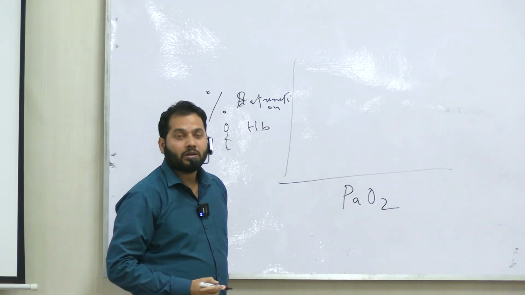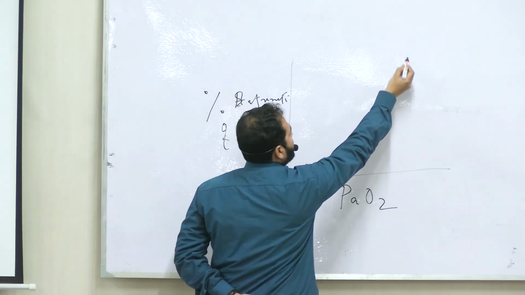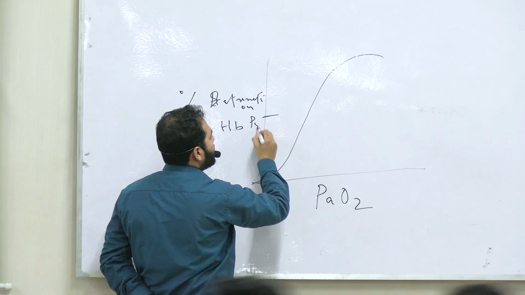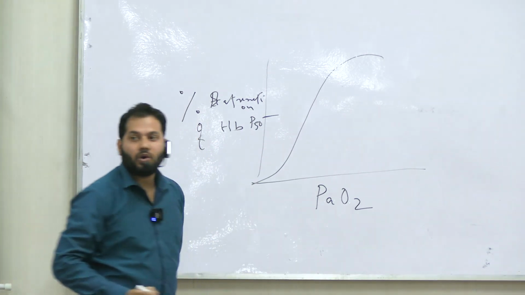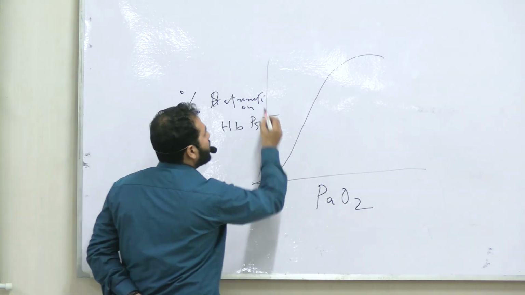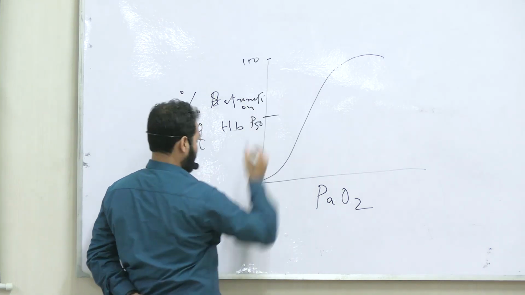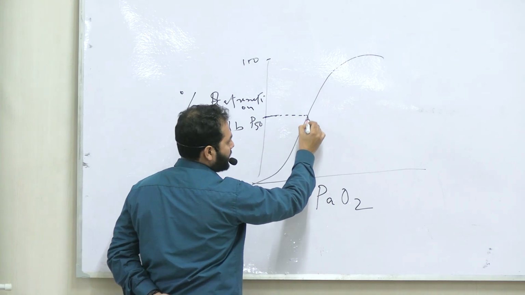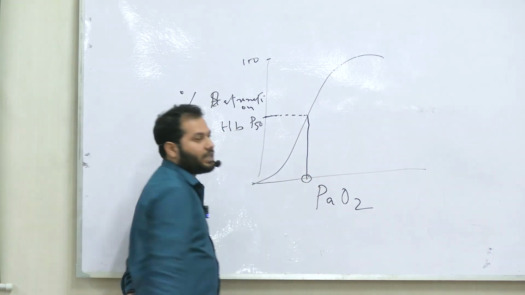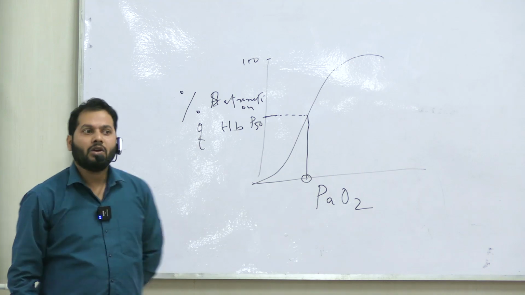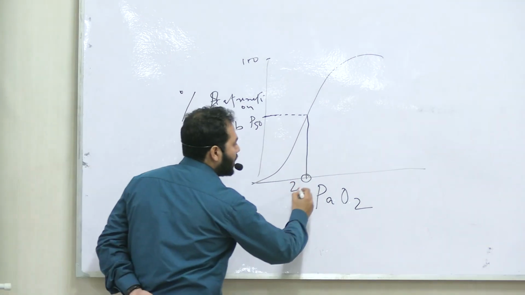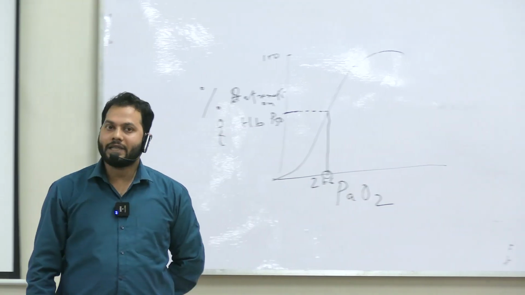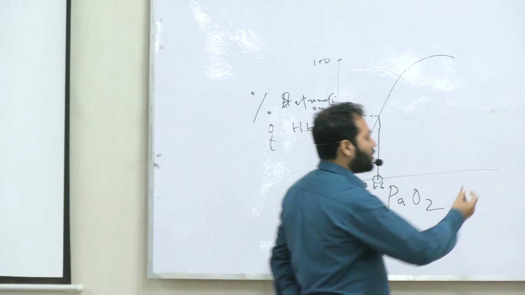The normal curve is sigmoidal in pattern. In this curve, we have discussed the P50 value. If this is 100% saturation, this point will be the 50%, and on the x-axis it is around 26.6.